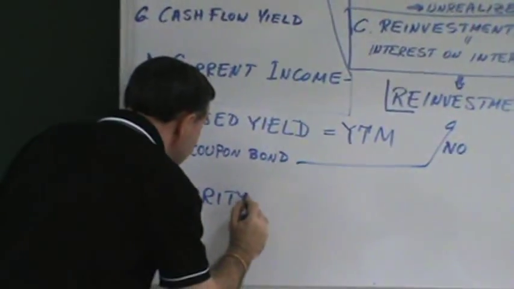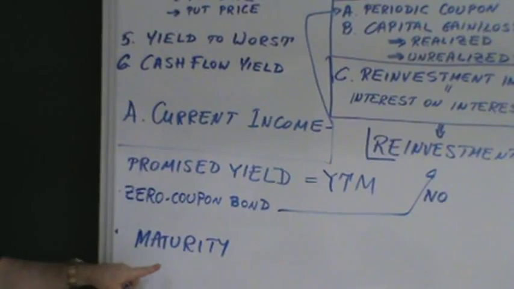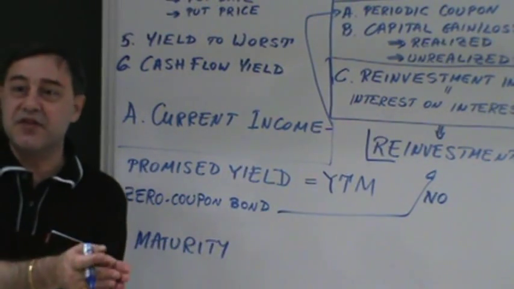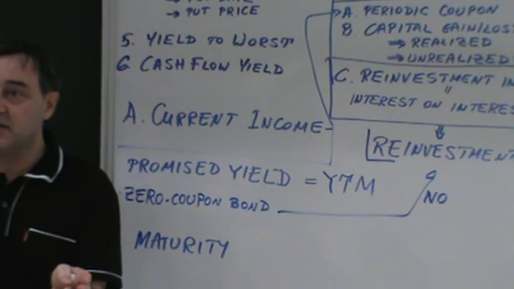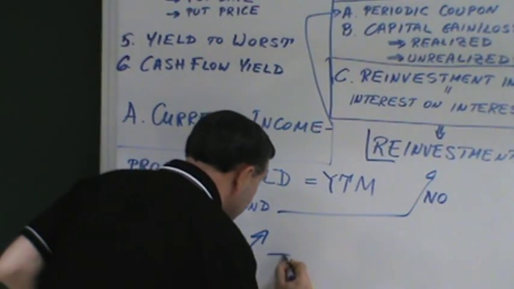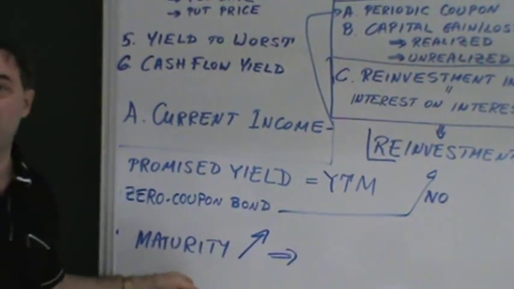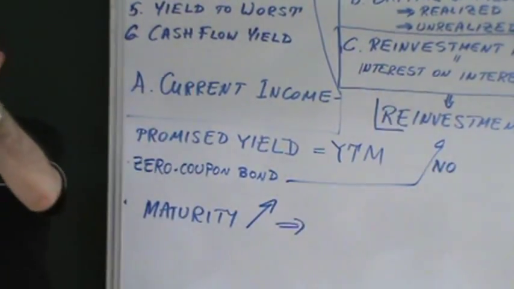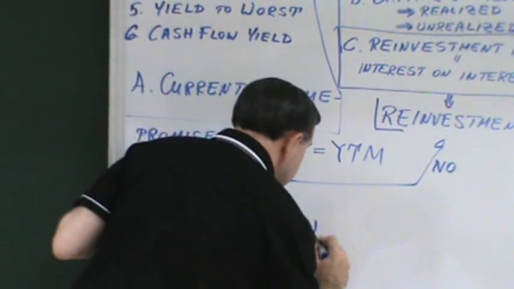It's, again, amazingly simple. If the maturity of the bond rises, meaning instead of a 5-year bond you take a 10-year bond, then as maturity increases for bonds, reinvestment risk increases.